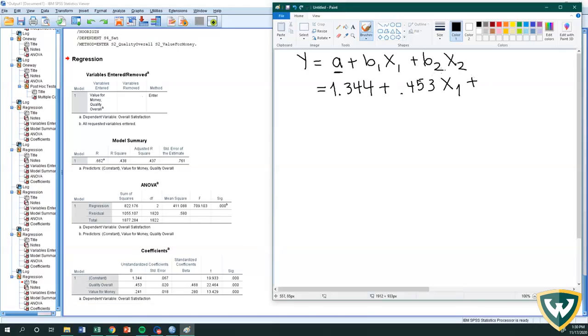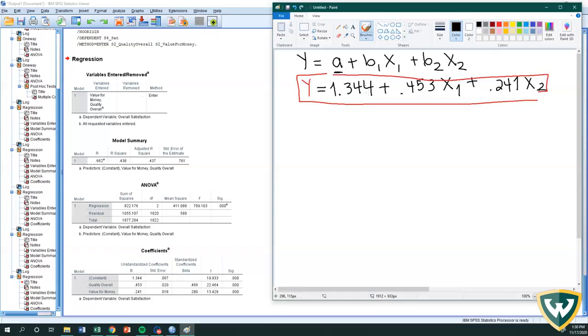And B2, my second slope, is equal to 0.241, again, statistically significant. So this is my regression equation for this regression analysis that SPSS outputted for me.